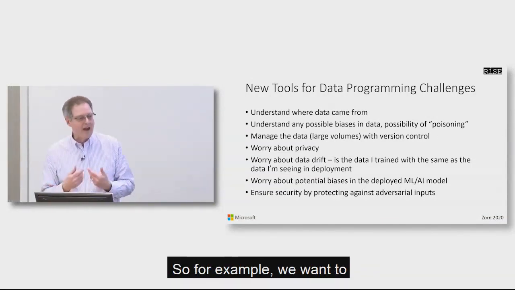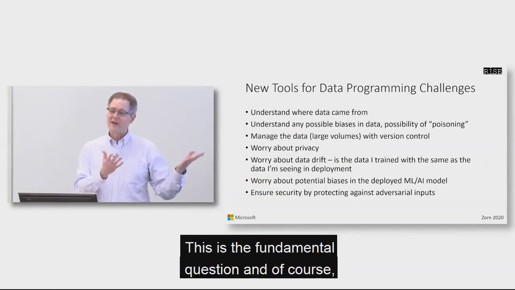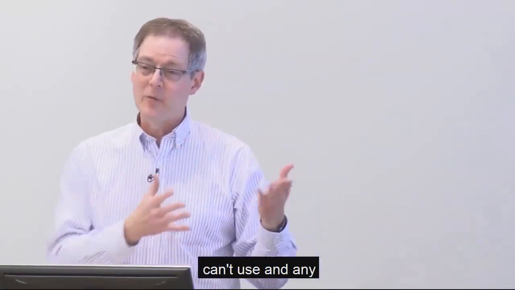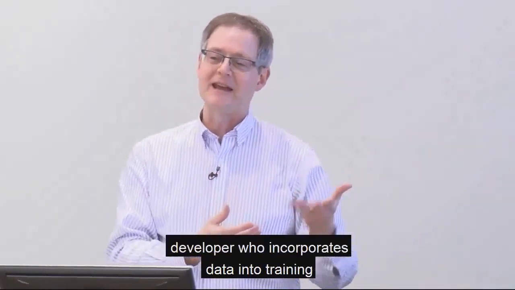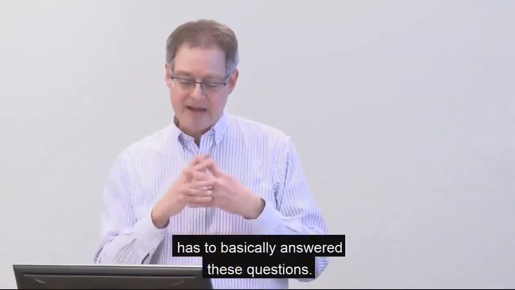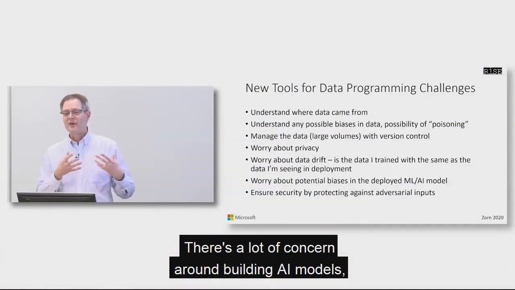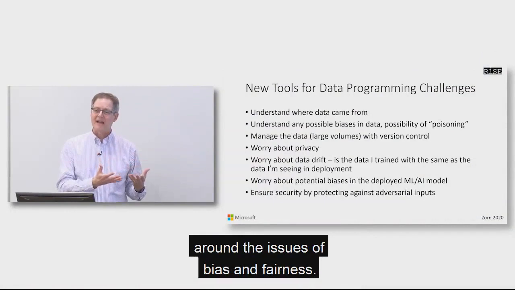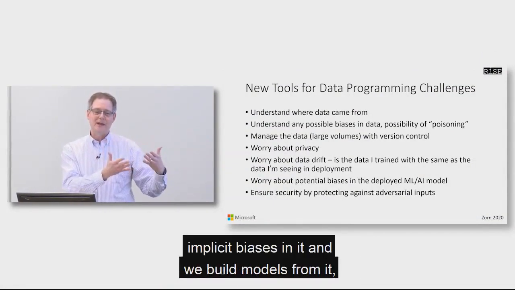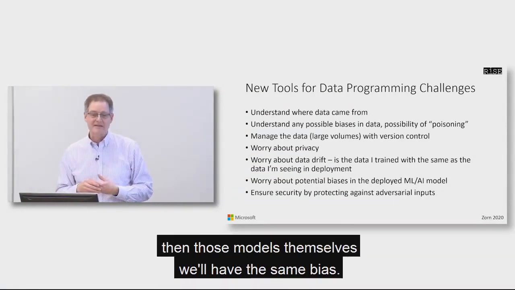So, for example, we want to understand, where did the data come from? This is a fundamental question. And of course, there are all kinds of rules about what data you can and can't use. Any developer who incorporates data into training for a model that accompanies software has to basically answer these questions. There's a lot of concern around building AI models around the issues of bias and fairness, which is to say, if the data has implicit biases in it and we build models from it, then those models themselves will have the same bias.